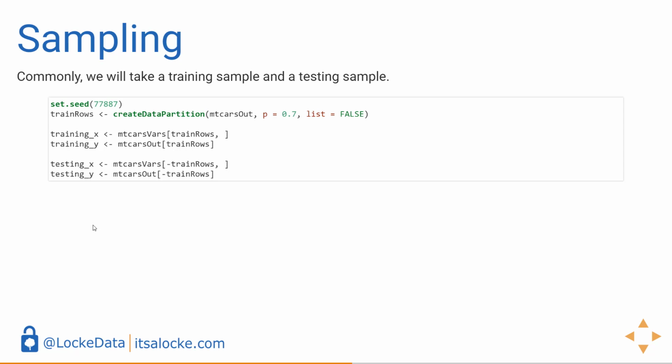The reason I do this is it stops information from my test sample leaking into my training sample. So I did some simulations on this, and in about 5% of cases, if I take random samples of data, they will have a significantly different mean between the training and the testing samples.